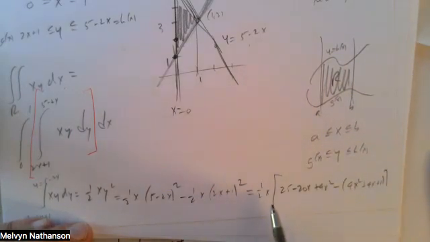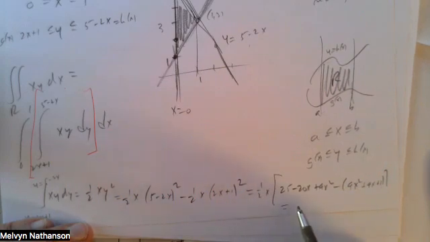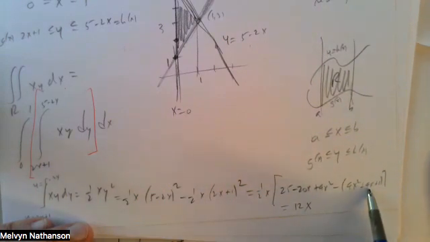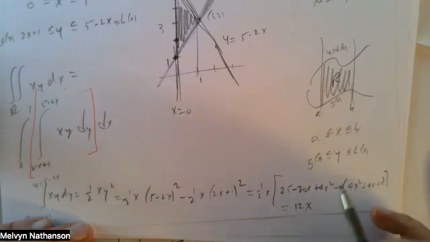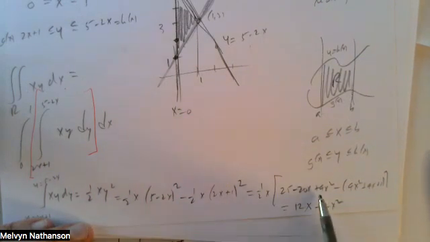So I get 25 minus 1 is 24 times 1/2 x. That's 12x. I have minus 20x minus 4x is minus 24x times 1/2 x squared is minus 12x squared, and 4x squared minus 4x squared is 0.